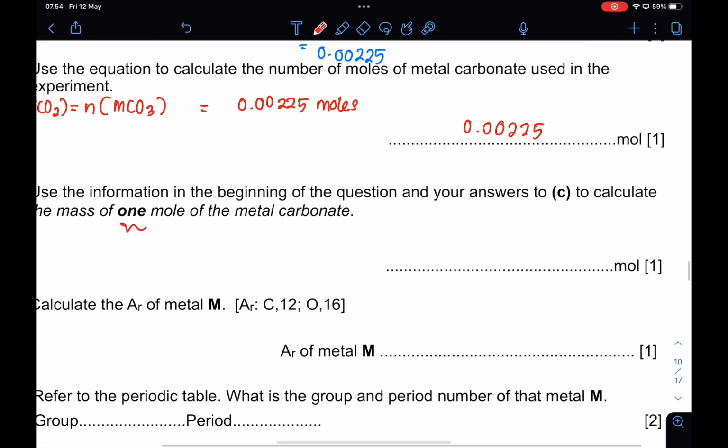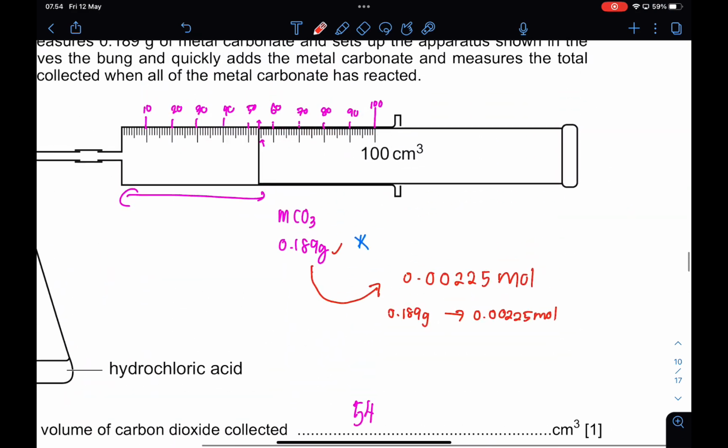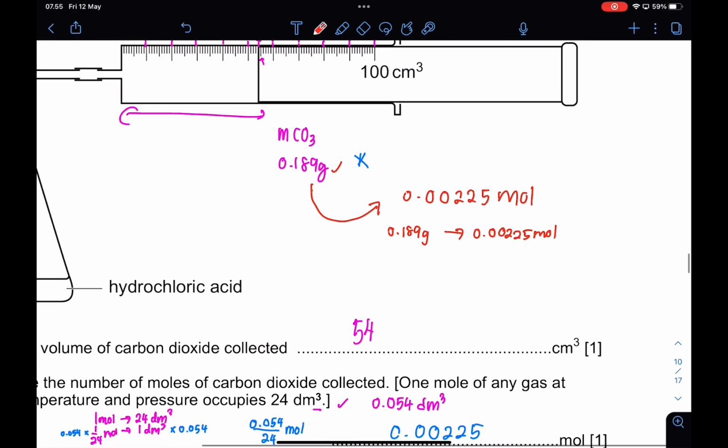Now I want to calculate the mass of 1 mole. How do I get 1 mole? This value I divide by 0.00225 mole, I will get 1 mole.